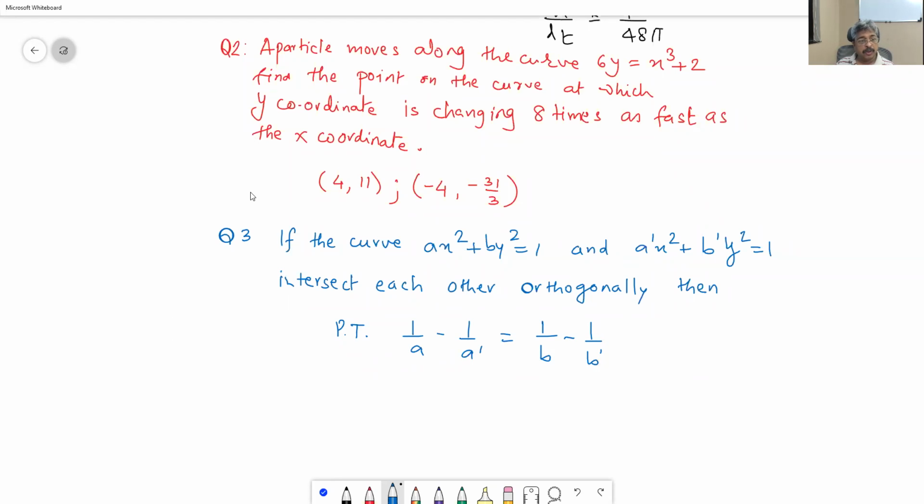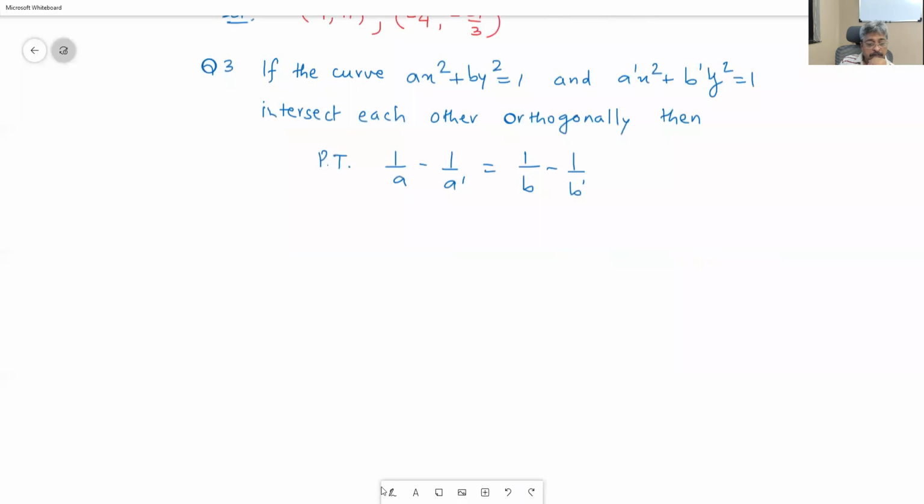Okay, this is also another easy problem. Solve it. These are different flavor problems, therefore I am taking. Theory is exactly same. First of all, they intersect each other.